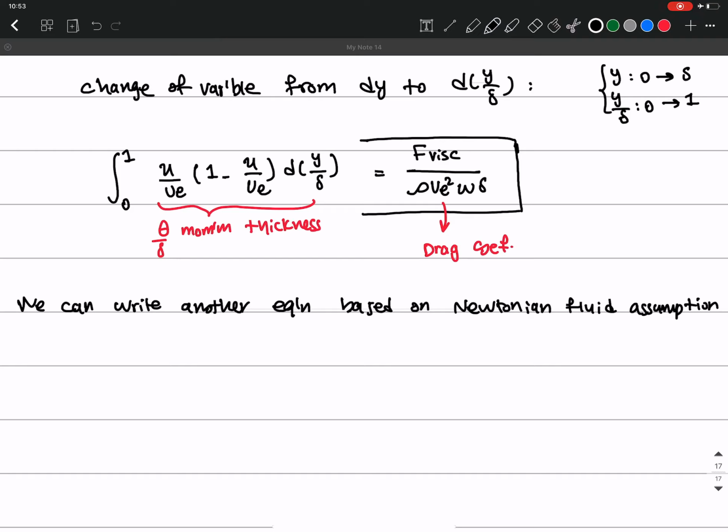So here, say we have a boundary layer flow on a surface.